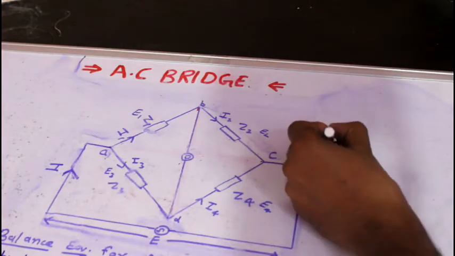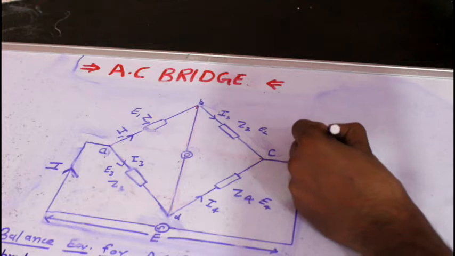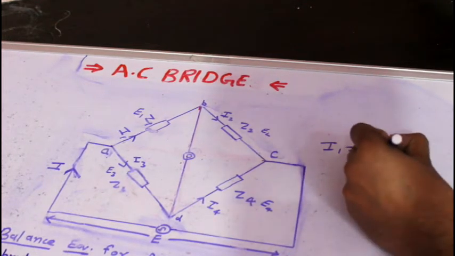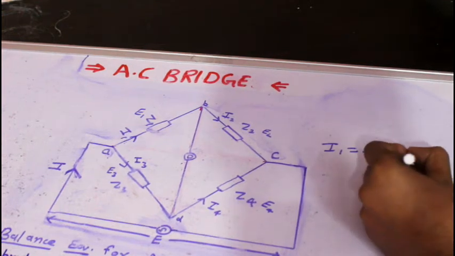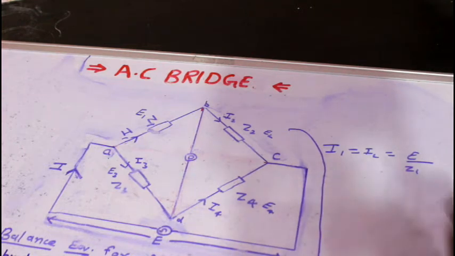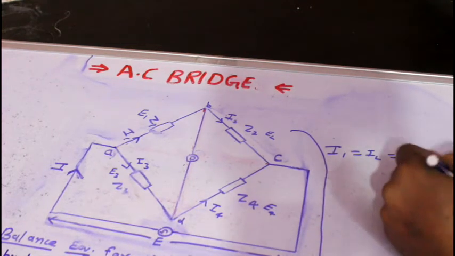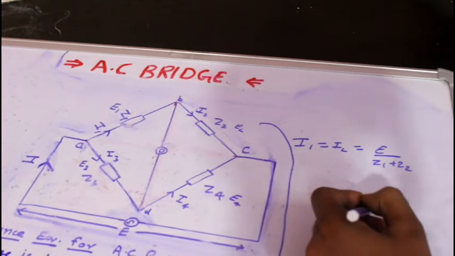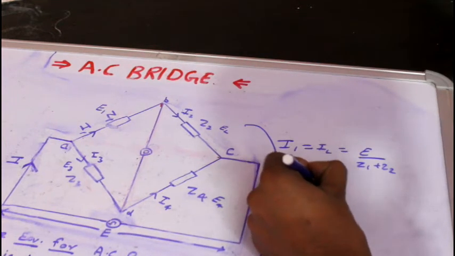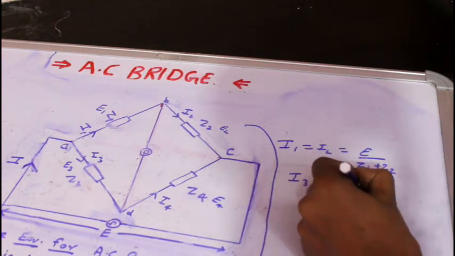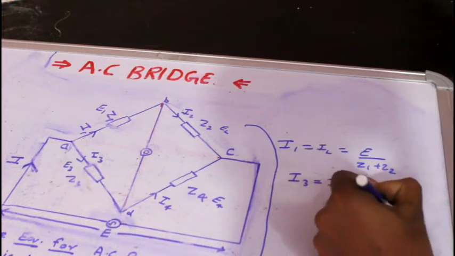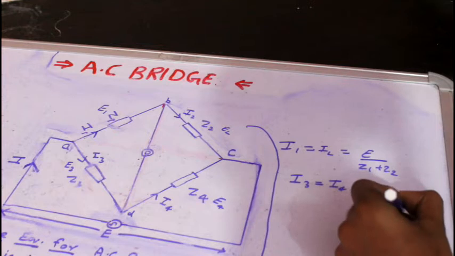So I1 is equal to I2 is equal to E by Z1 plus Z2, and I3 is equal to I4 is equal to E by Z3 plus Z4.